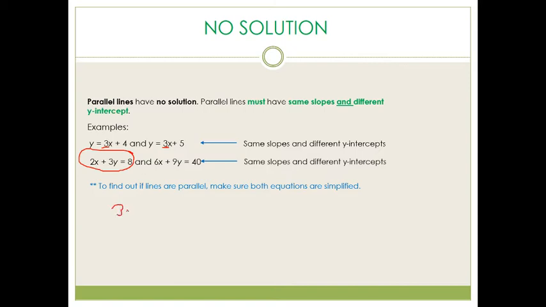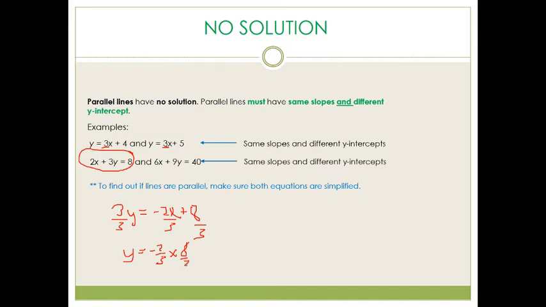Then I would have that 3y is equal to negative 2x plus 8. Then I could divide everything by 3 to get the y by itself. And we end up with the equation y is equal to negative 2/3 x plus 8/3.